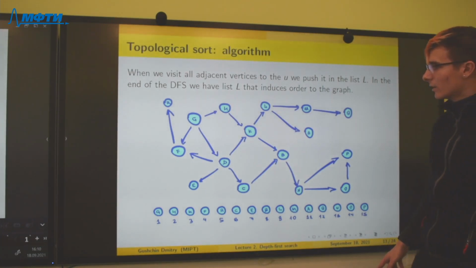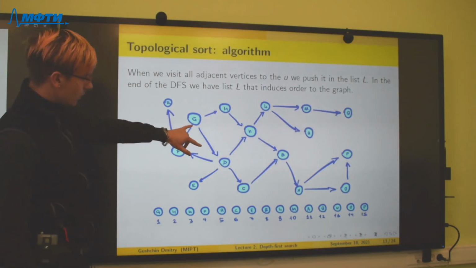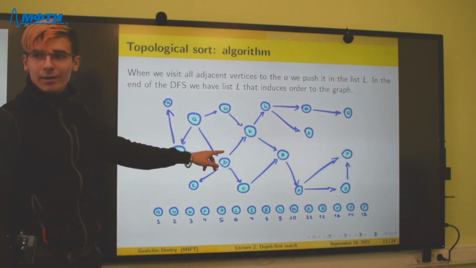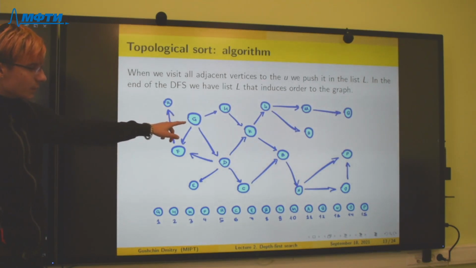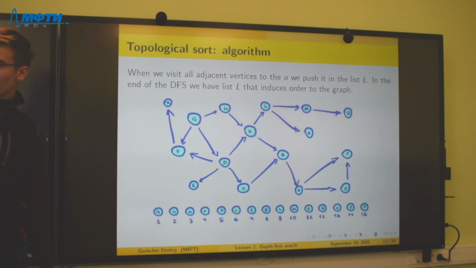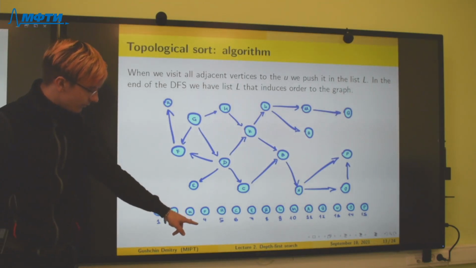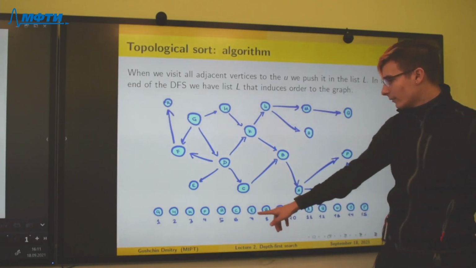And if you look at this figure, you can see that any edge that starts in vertex V and ends in vertex U has a number of vertex V smaller than the number of vertex U. For example, there is an edge F to R, and F has number 4 and R has number 5.